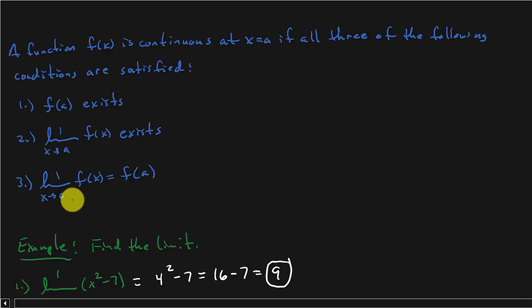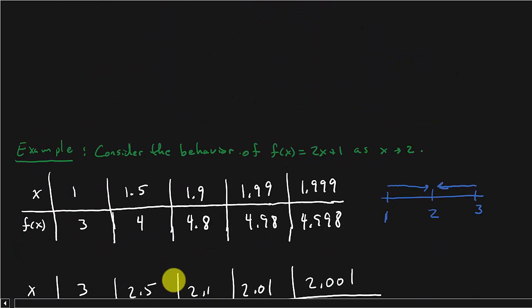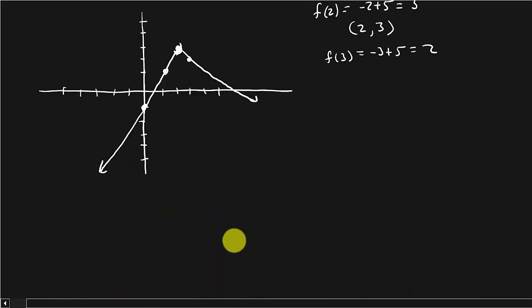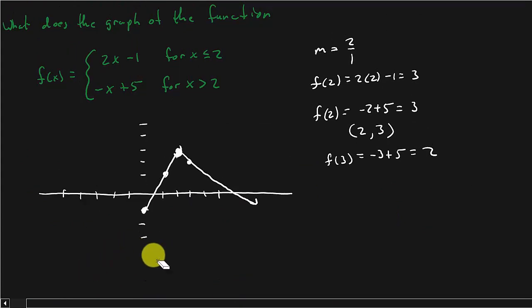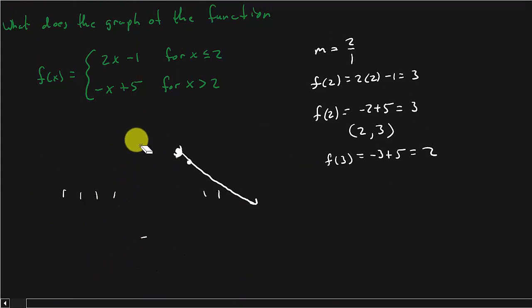And the limit has to equal the function evaluated at that point. So let's come back up here and see what happens. Yeah, this is it right here. I'm going to erase this so we can look at the problem.